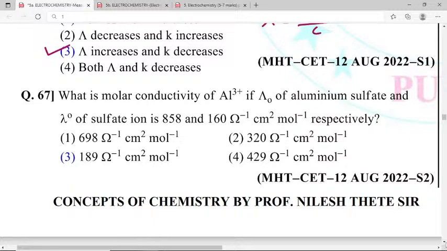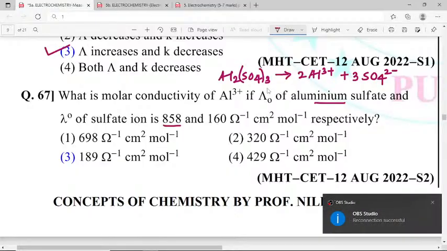What is the molar conductivity of Al3+ if aluminum sulfate and sulfate ion are given? So aluminum sulfate, Al2(SO4)3.